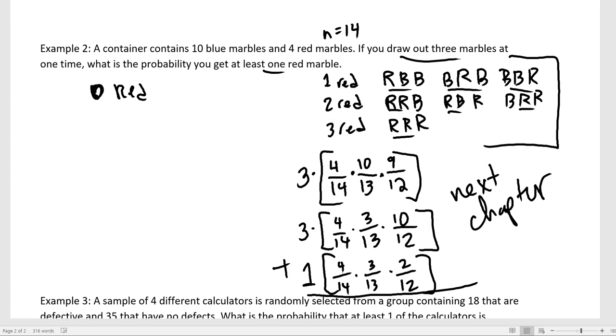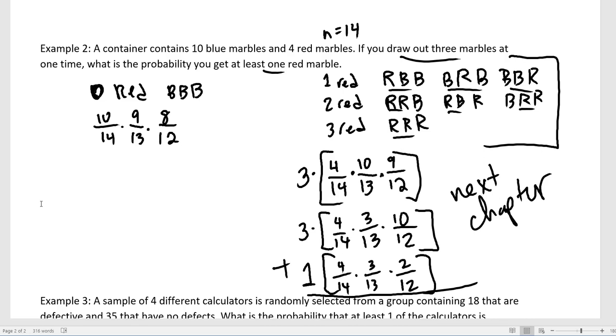What's the probability of getting 0 red? That means all of them are, well, that would just be, how many blues are there? 10 out of 14. Second one being blue would be, and the third one would be, and that can only occur one way. So I like that a lot better. Let's go ahead and do that.